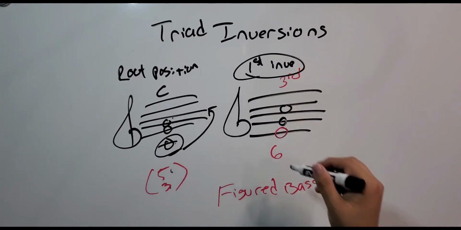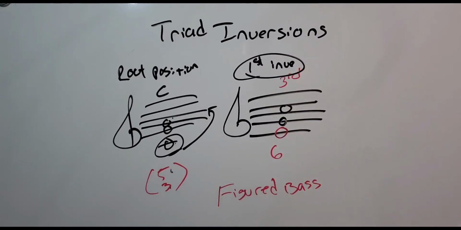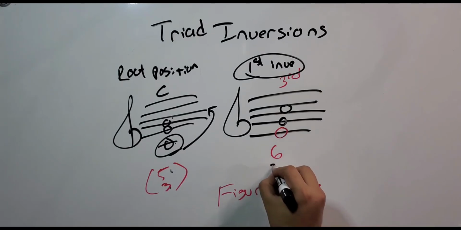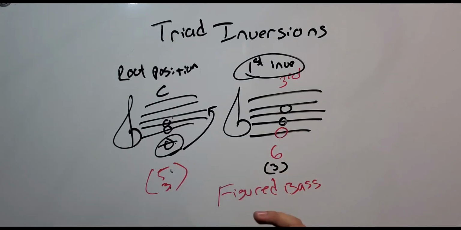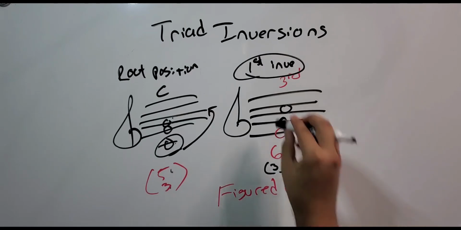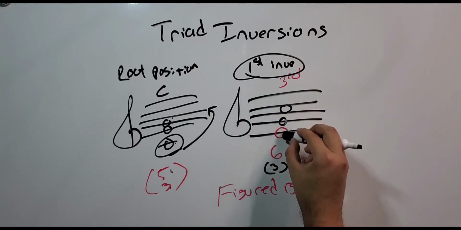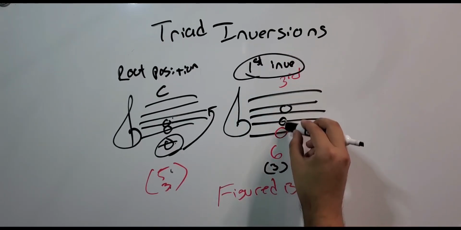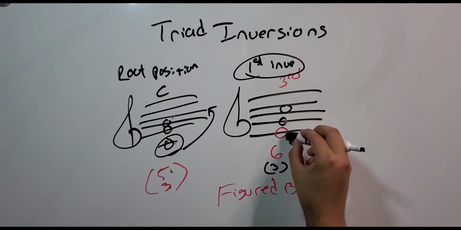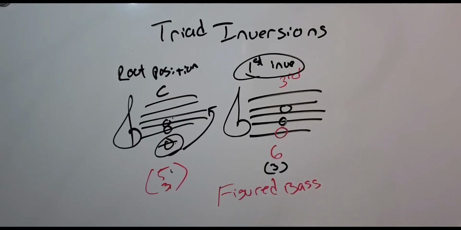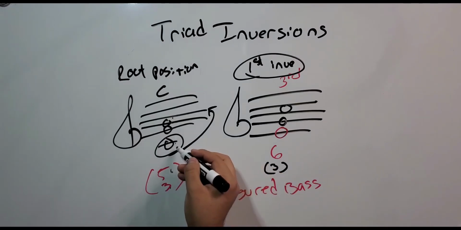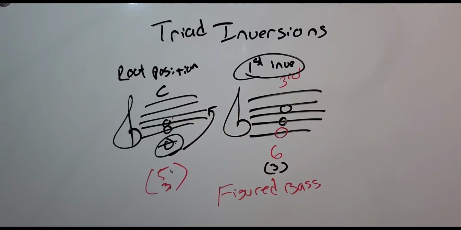Now, for the first inversion, when we have a 6, it does have a 3, but it's invisible. We don't write it. Why? Because it's implied. Because from the lowest sounding tone, in this case, first inversion, which is a third, which is E, up a third is G, up a sixth is C. Right? Because that was the note that we moved up an octave.